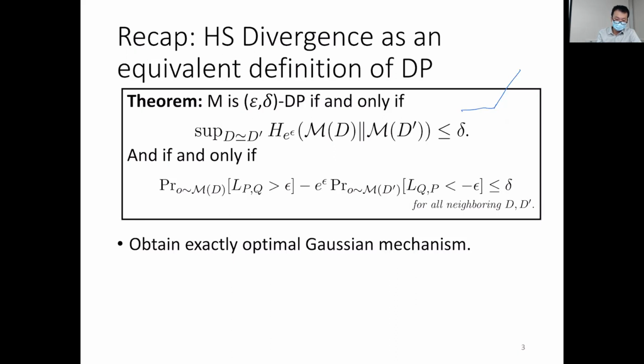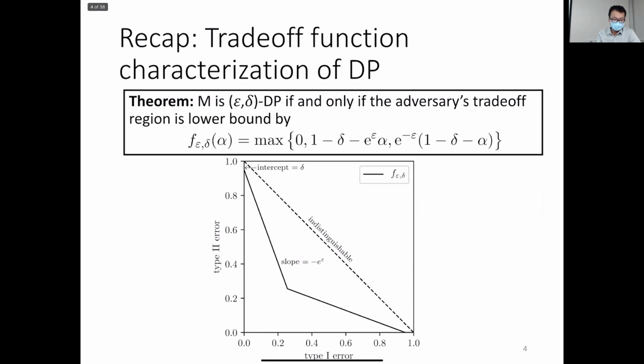This inequality is identical to another inequality written in terms of the cumulative distribution function of the privacy loss random variables L_PQ and L_QP. If this holds for all neighboring data sets D and D prime, then we equivalently define that this mechanism M satisfies epsilon-delta DP. Using this, we can get the optimal Gaussian mechanism that we saw in the last lecture.